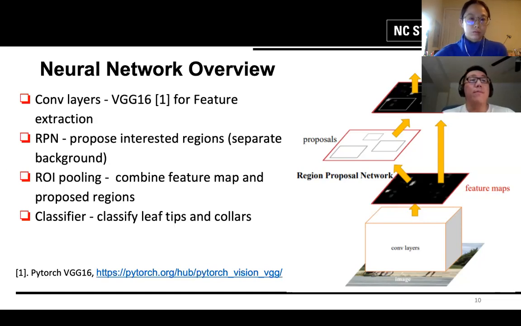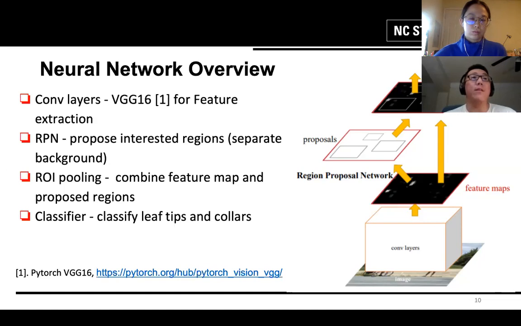Then the output of the RPN is fed into the next stage, which is called ROI pooling. ROI stands for region of interest. The ROI pooling layer combines the feature map, which is the output of the VGG stage, and the bounding boxes, which come from the RPN stage. Then the output of the ROI layer is fed into the classifier.